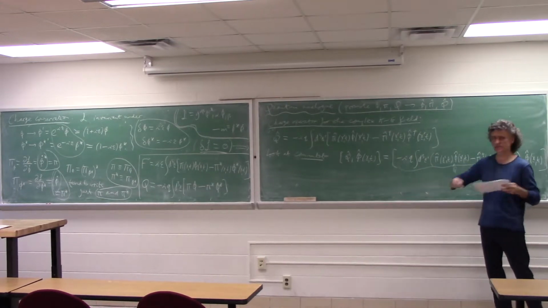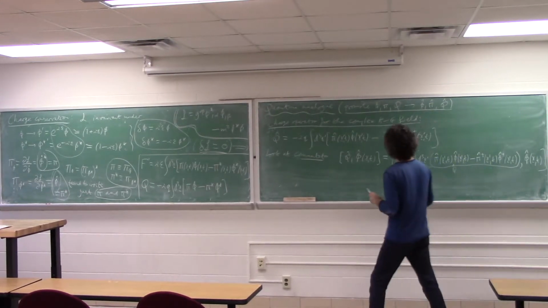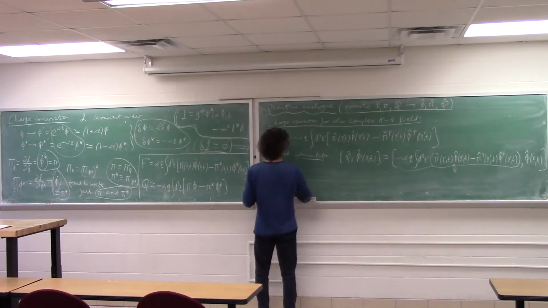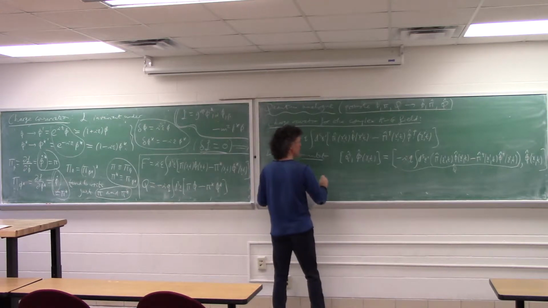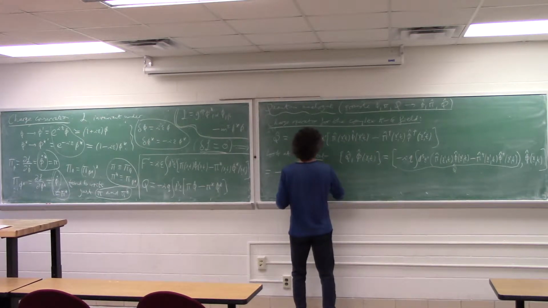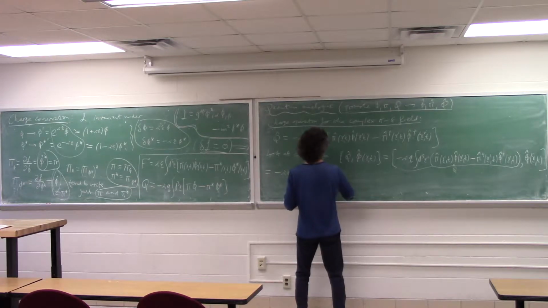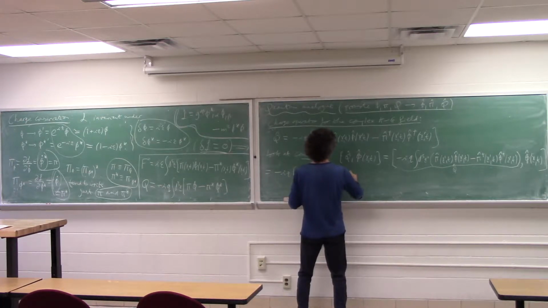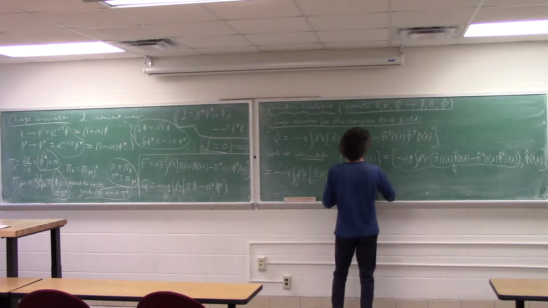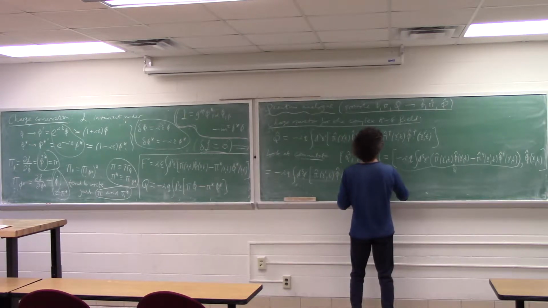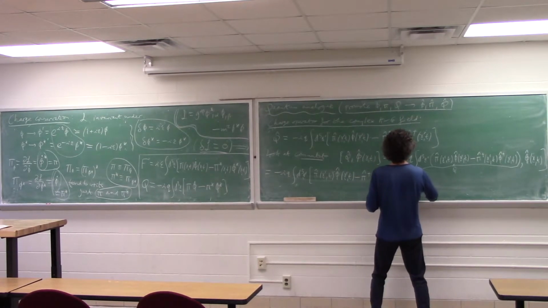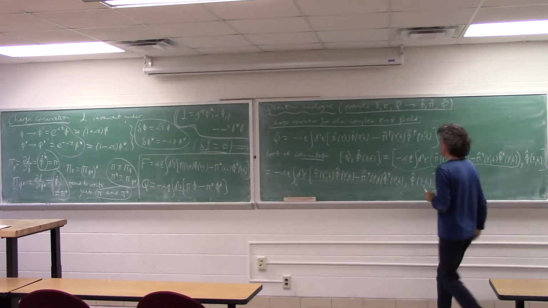Now remember, the integral is just a sum. So it should be clear to you that this is equal to minus i q times the integral over all space of the following commutator: pi hat x prime t phi hat x prime t minus pi hat dagger x prime t phi hat dagger x prime t, commutator with phi hat xt.